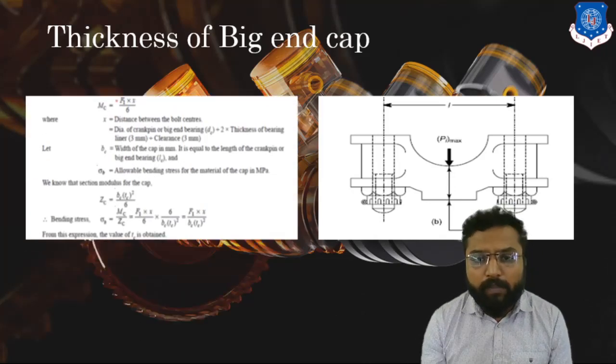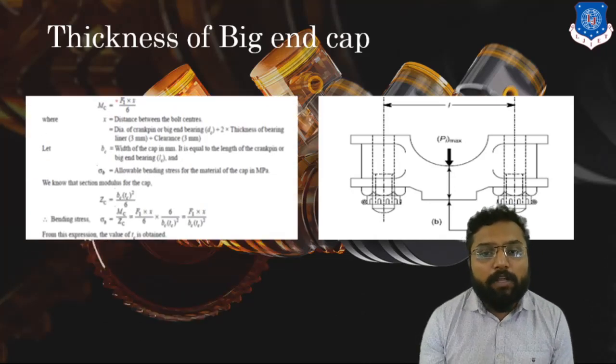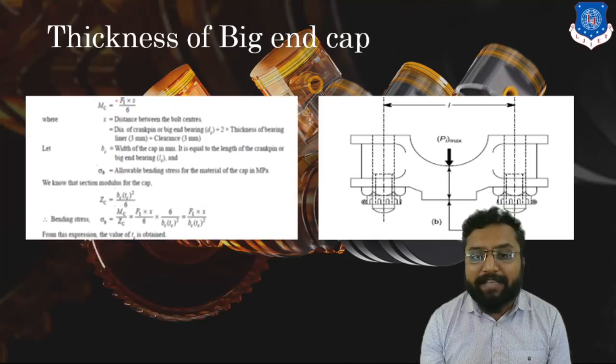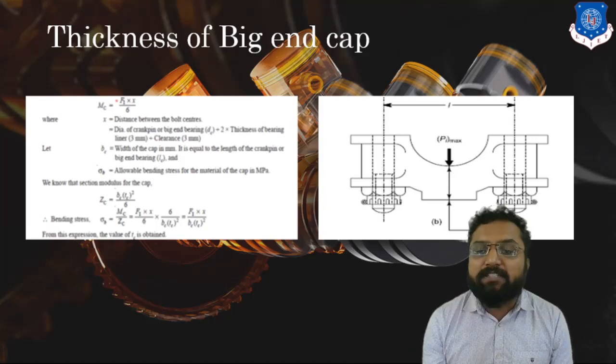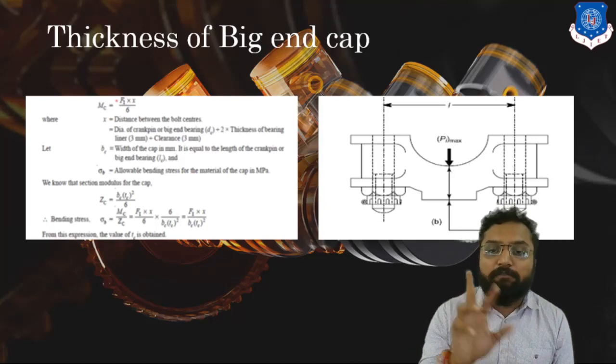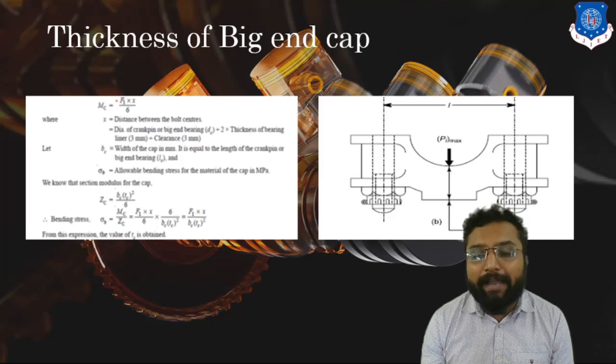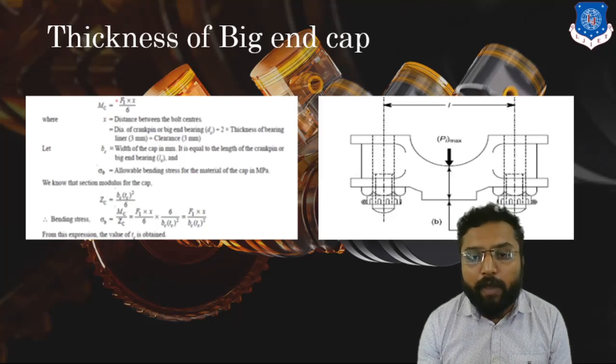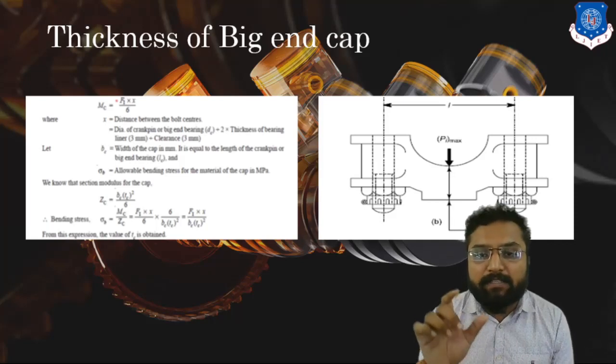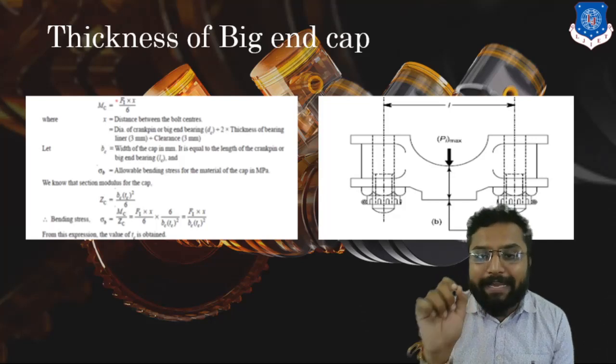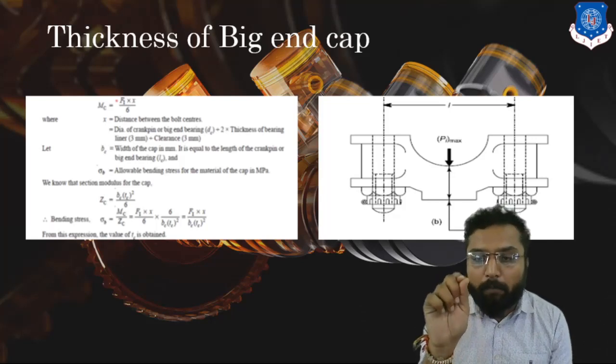So here we have to find out the moment which is generated at the center. The moment at the center will be F1 into x, where x is the distance from the bolt center. Clear?